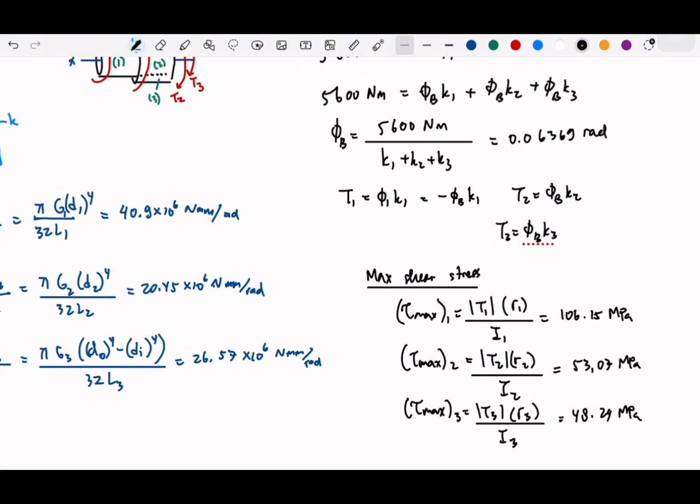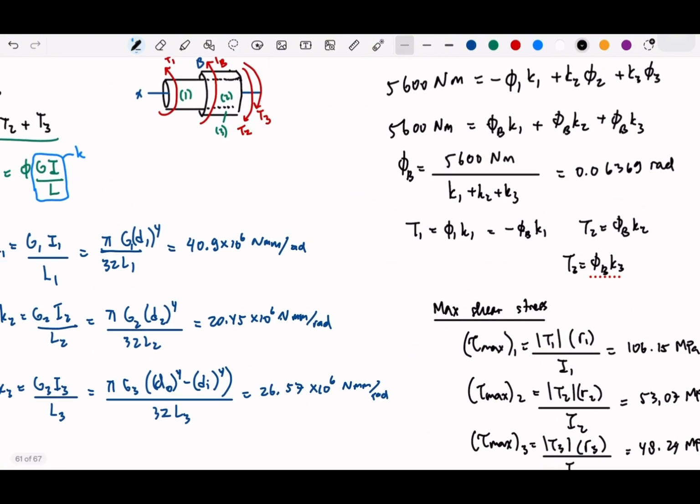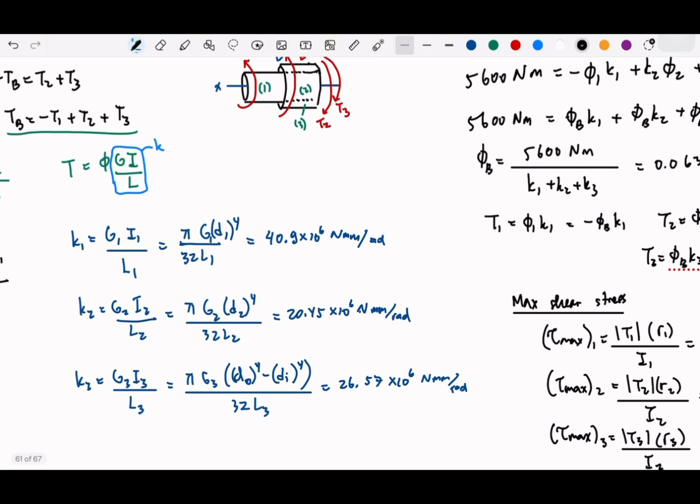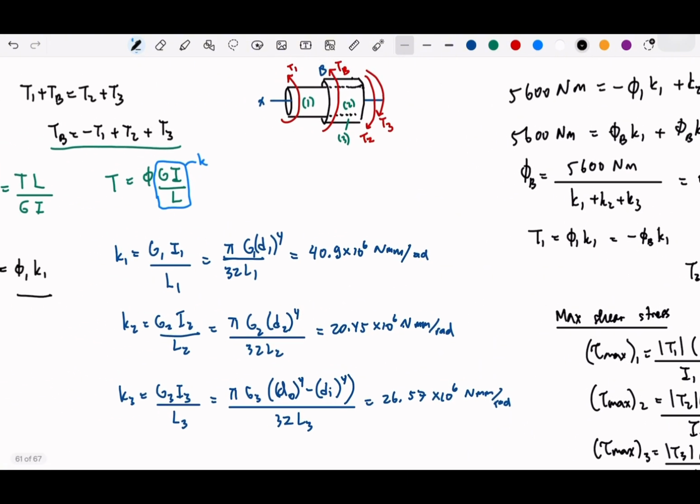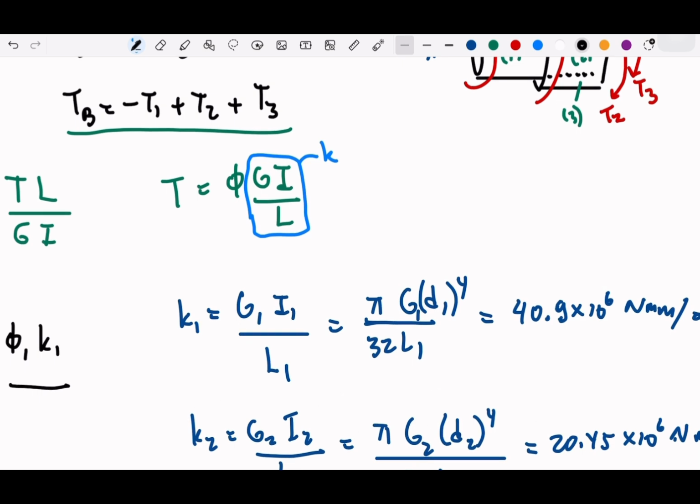Okay. So this is the difference between the previous example and this one. The difference is basically how we write the equations. Usually in the displacement method, we solve T equal to the twist angle, but in the force method, we write the twist angle equal to T, and then we solve that as well.